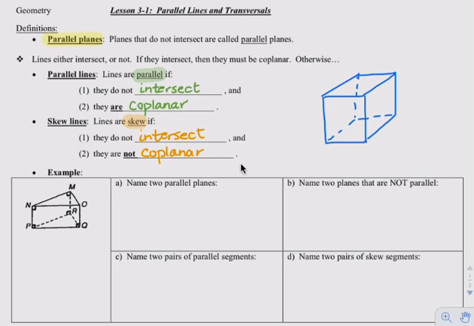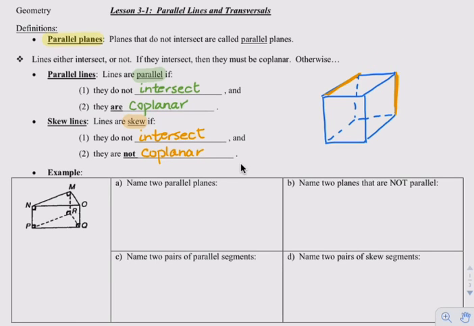So for example, I'm going to use segments here. If you used this segment and this segment, even though if you stretch that out, it looks like they intersect, remember, they're really not going to because they're in different planes.